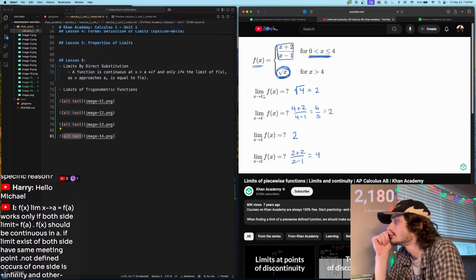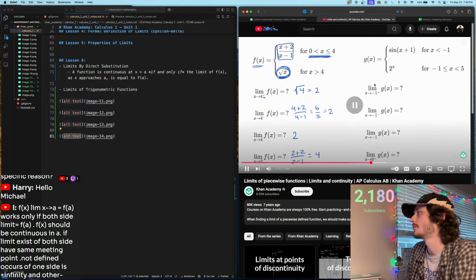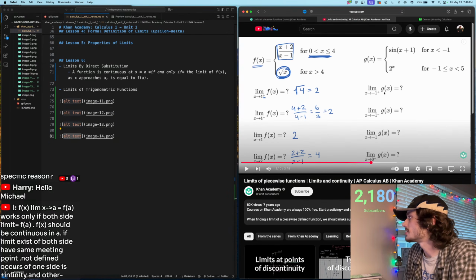Let's do another example. So we have g of x, as we're coming into negative 1 from the right, it's going to be this guy. Coming at negative 1 from the left, obviously numbers less than negative 1, it will be this guy. So g of x at negative 1 will be here. 2 to the power of negative 1, oh sorry, 2 to the power of negative 1 is a half.